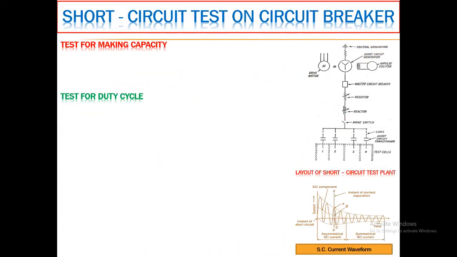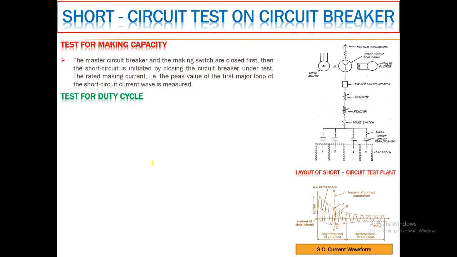Now for the test of making capacity. To test the making capacity, first the master circuit breaker and the make switch are closed, then the short circuit current is initiated by closing the circuit breaker under test. The rated making current, as you can see over here, is the peak value of the first major loop of the short circuit current wave, which is measured.